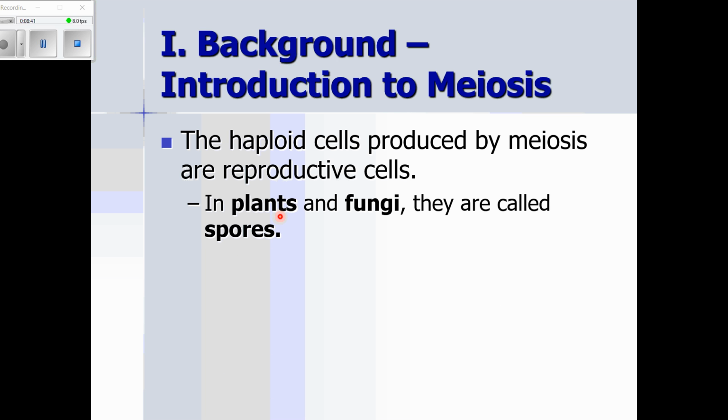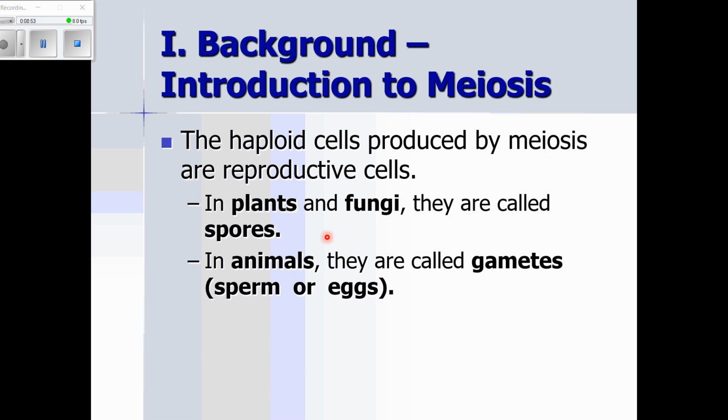So in plants and also in fungus, the reproductive cells that are made by meiosis are not sperm and egg. They are spores. In animals, the reproductive cells that are made by meiosis are indeed gametes, sperm cells and egg cells.